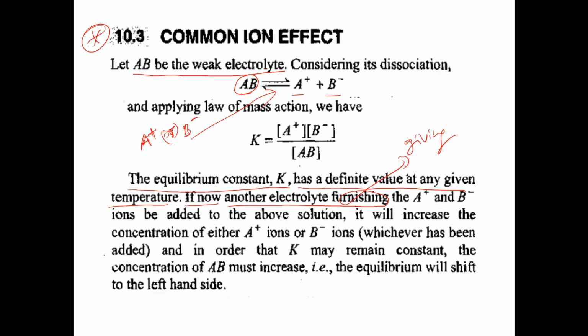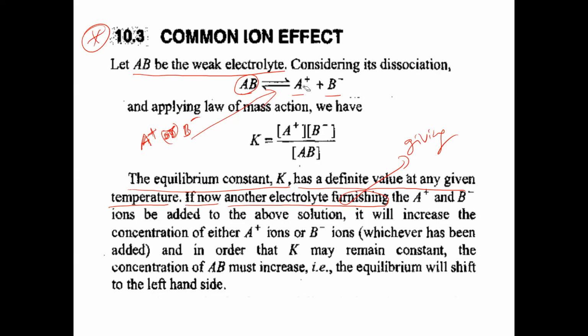When we add A plus or B minus, what happens? Are we adding products or reactants here? We are adding product. A plus is a product here, B minus is also a product. When we add product to an equilibrium mixture, the backward reaction will be favored.